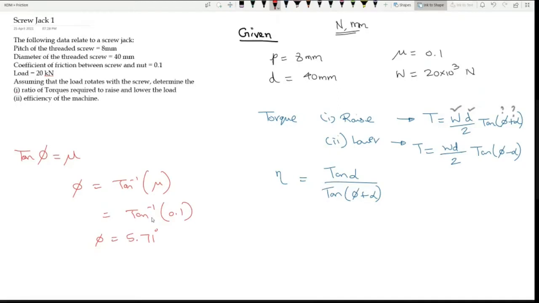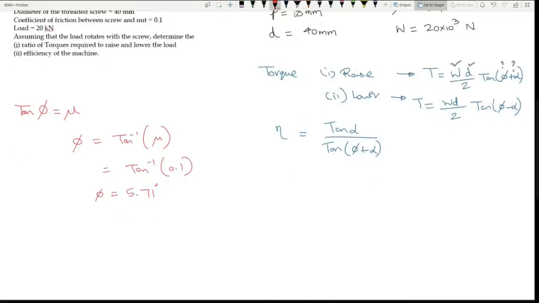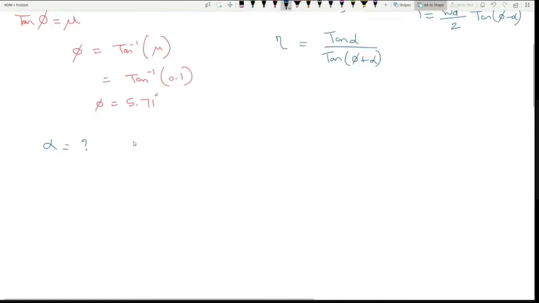The next step is to identify alpha. How to identify alpha? Tan alpha is equal to P by pi d. So this is also a formula.